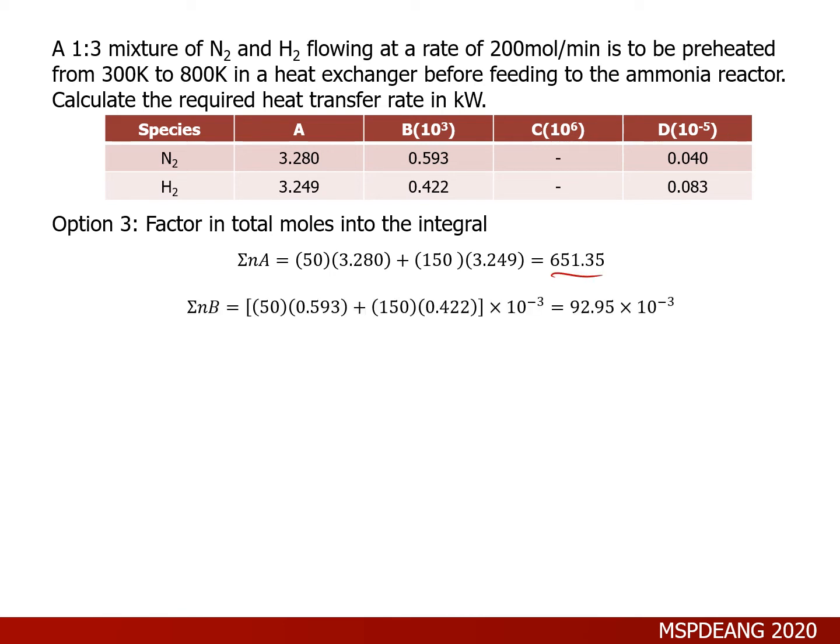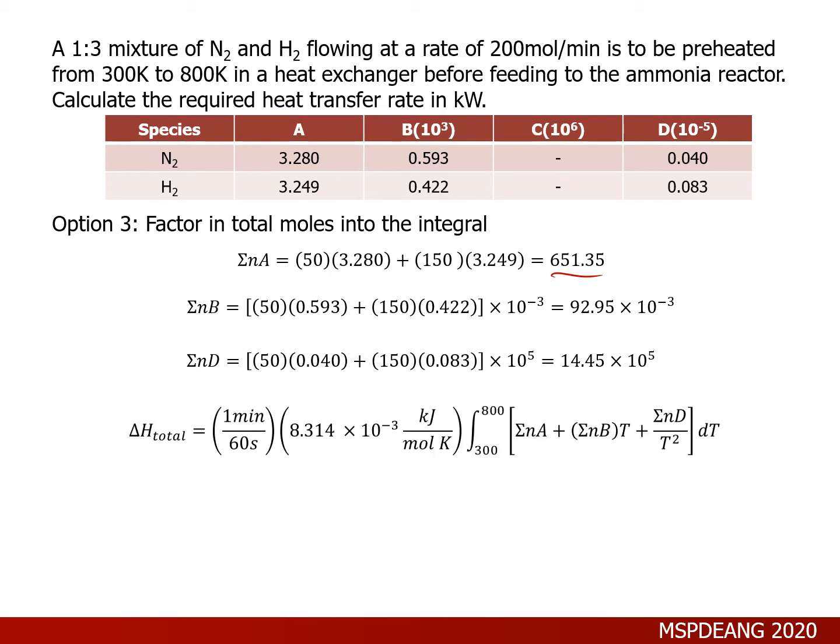And you can do the same for B and for D. And now, delta H total is equal to, again, conversion factor lang muna for minutes to seconds para kilowatts lahat. And ito yung CPIG mixture. Thus, delta H total is 49.09 kilowatts still.